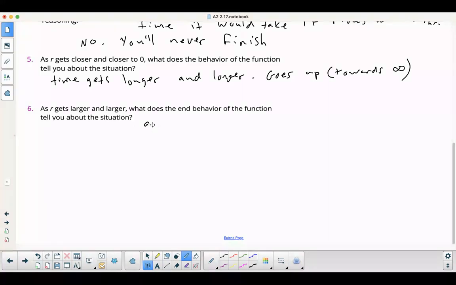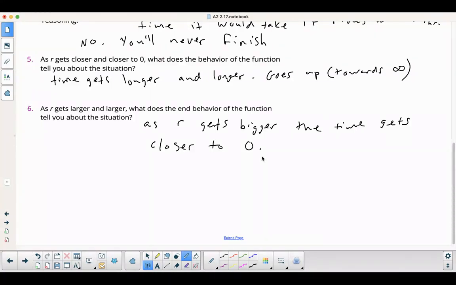As the rate, or r, gets bigger and bigger, the time gets closer to 0. Now it'll never equal 0 because you can't teleport, but it's going to get closer and closer to 0. And it will never be negative either, because you're not going to have a negative time.